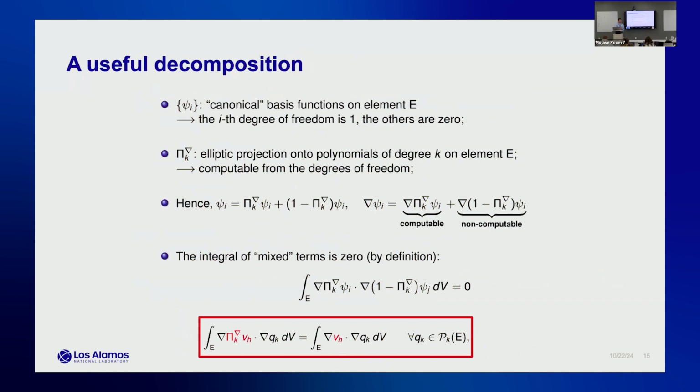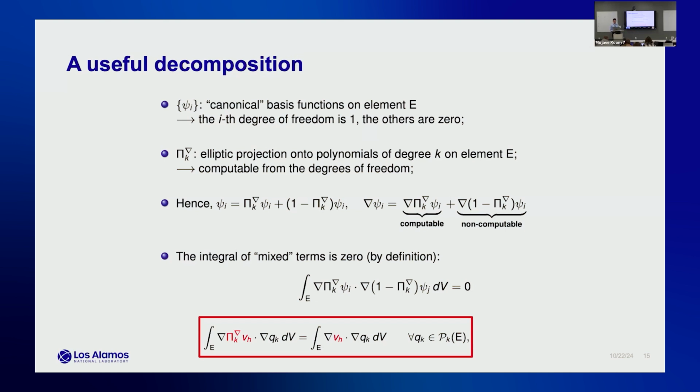Okay, now we know how to compute the polynomial projection. We do a useful decomposition of the basis function. We call it the canonical basis function because we have another basis for polynomials. And this virtual element basis function satisfies the Kronecker delta property. We decompose it into two parts. The first part is the polynomial projection.